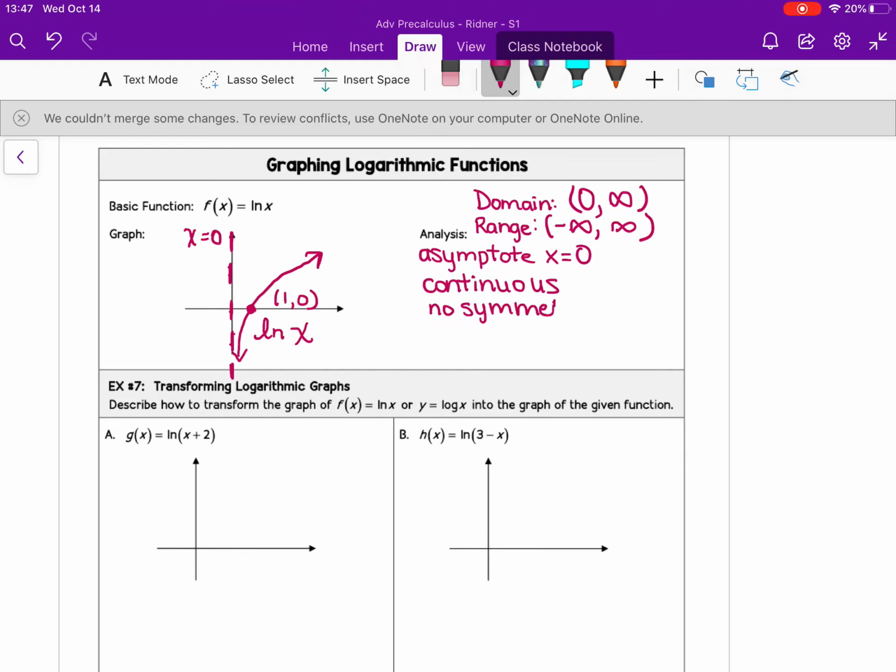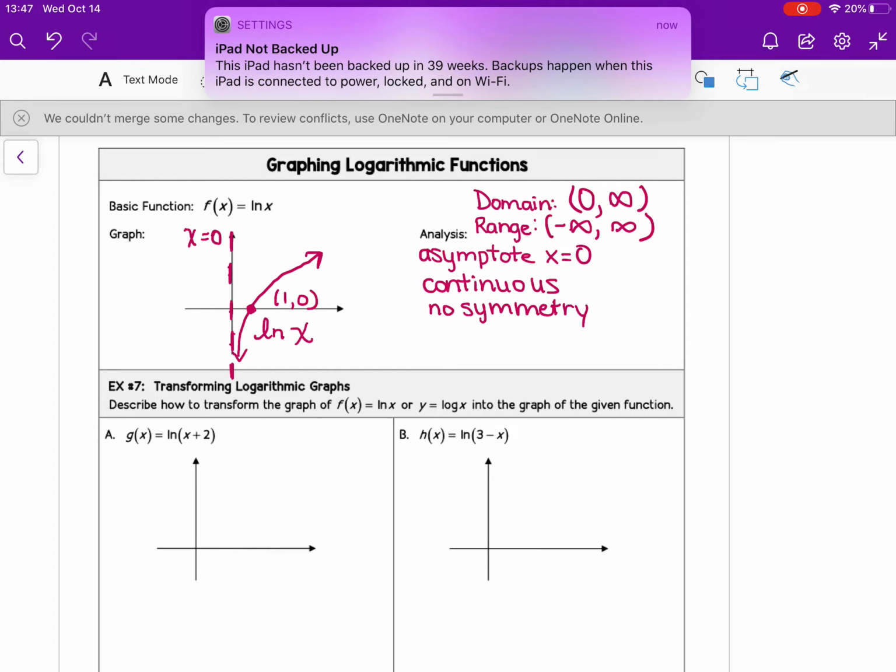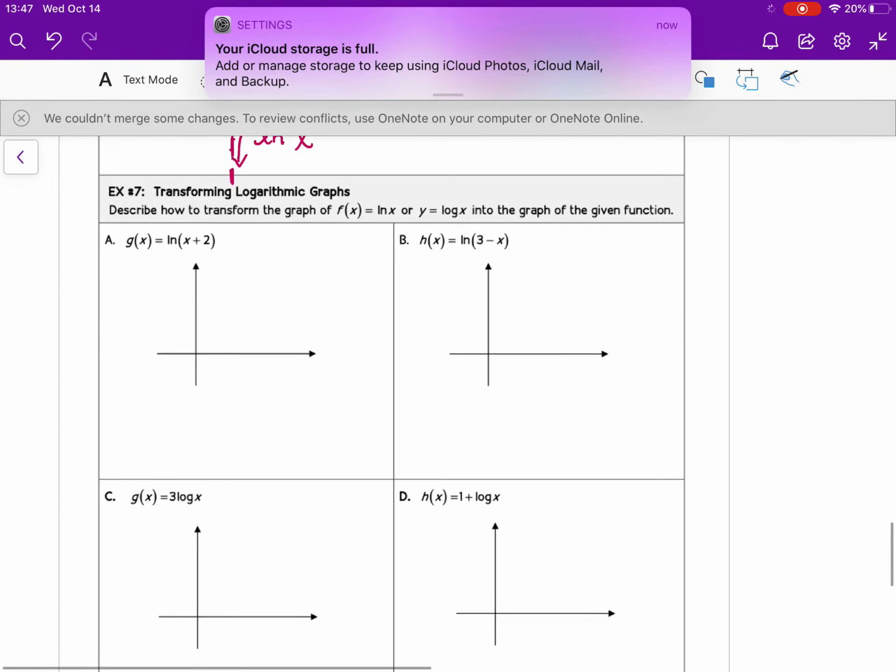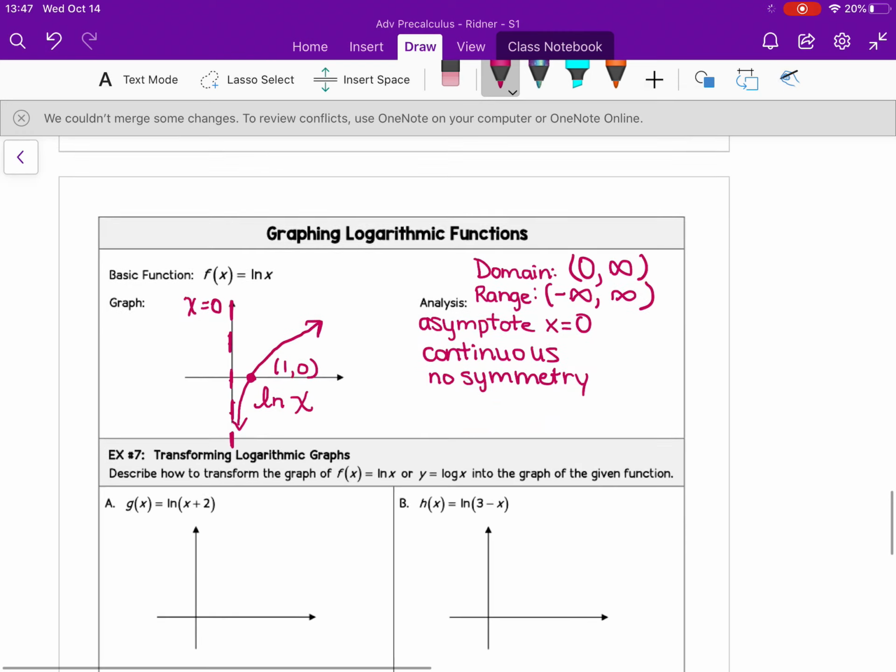Notice it does not have any symmetry. So it's not even, it's not odd. It has no relative min or max. So we say no extremas, that just means no min or max.